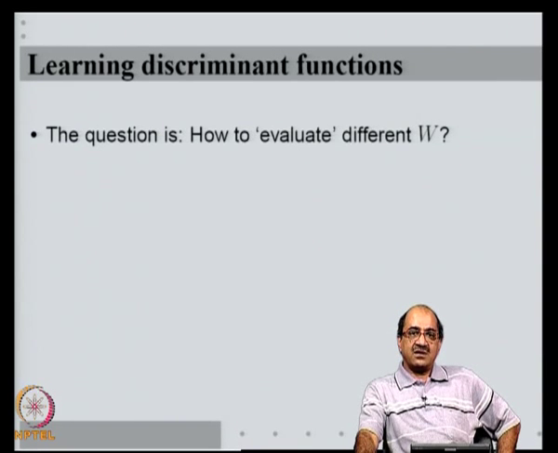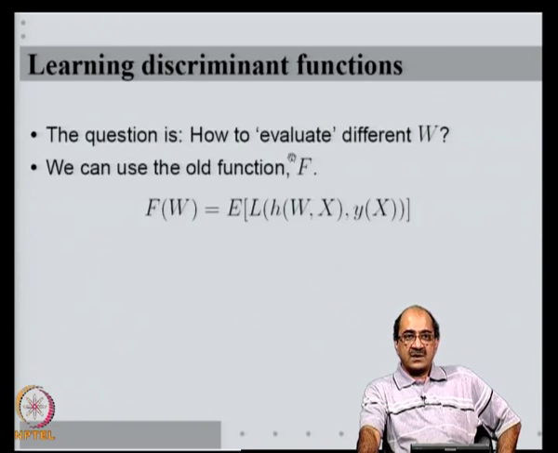So, let us look at this a little more. The idea is I want to minimize some criterion function. What is the criterion function? The criterion function should evaluate different choices of discriminant functions, and each choice of discriminant function is a choice of a particular parameter vector W. So ultimately I am asking, can I write a criterion function that can evaluate different W? We can always use the loss function.